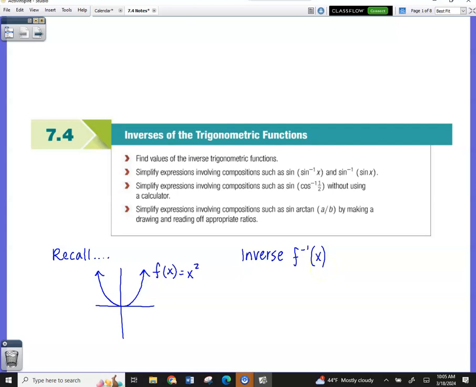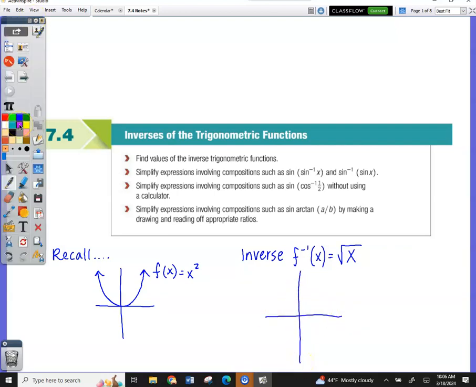What is the opposite of squaring? Square rooting. So the inverse of x squared is the square root function. Graphically speaking, the inverse is when you take a graph and you reflect it over the line y equals x.